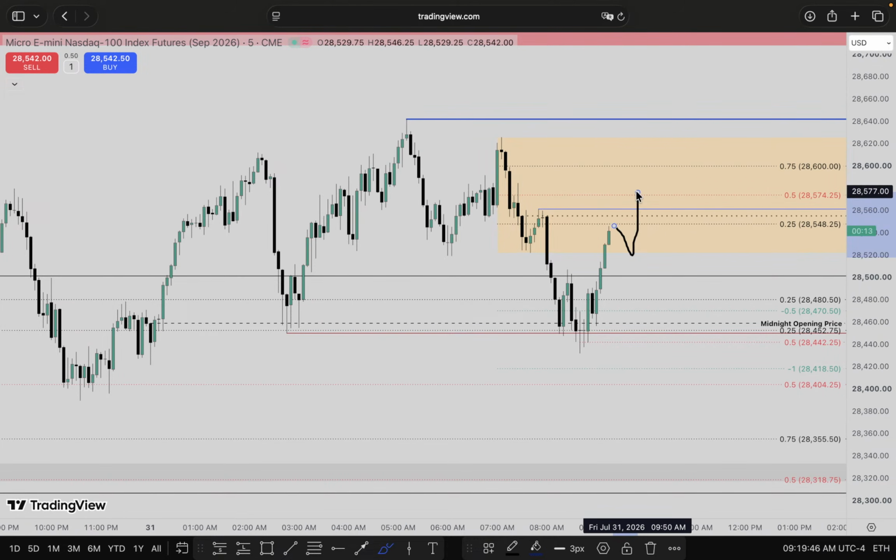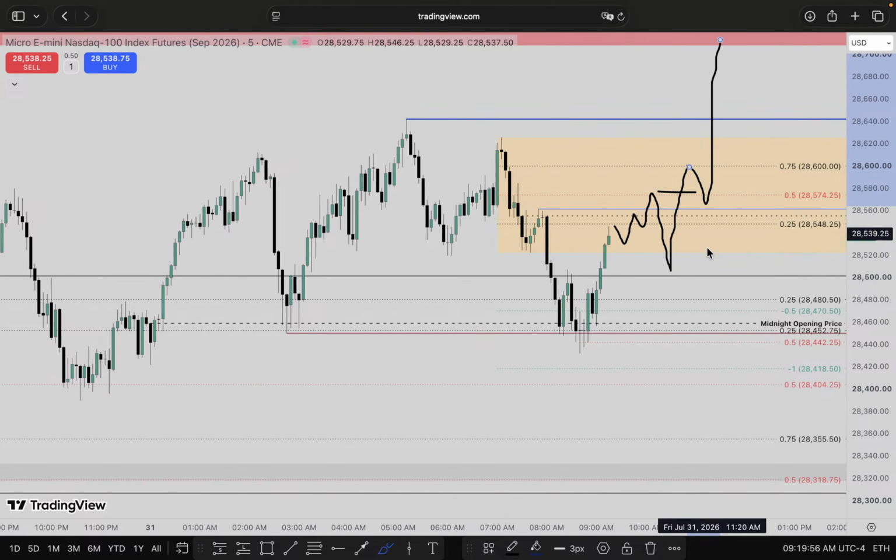pull. Like once we take out the high, for example, let's say we push down, but then we push up like that, then yeah, we could just start seeing higher price.